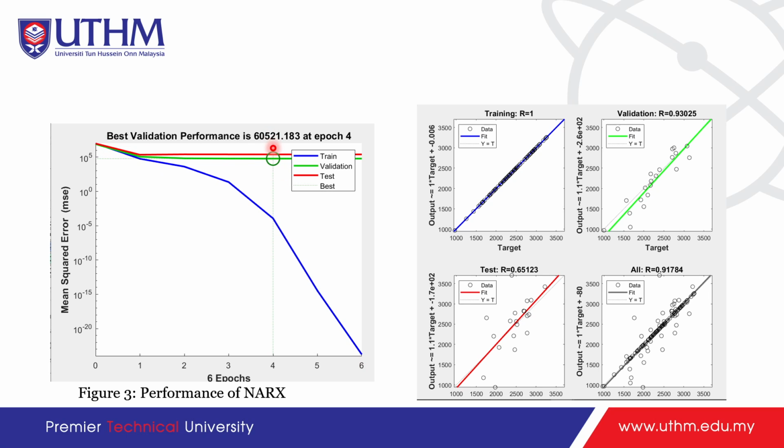The blue is training, the green is validation, and the red is test. If possible we want all three lines to overlap exactly so that we do not get overfitting. But here only validation and test are almost the same at epoch 4.